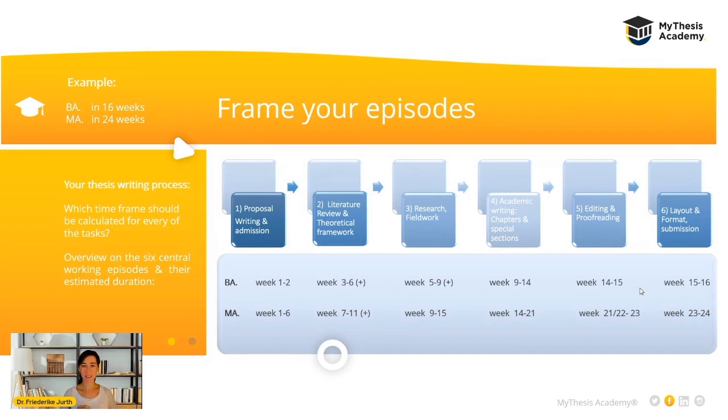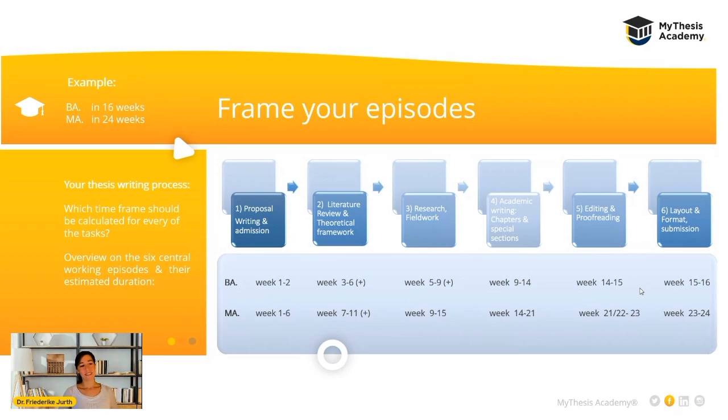The structure also varies a little bit more. So let's get started with the bachelor and the master thesis, and then I will show you some examples for the timeline of a PhD.